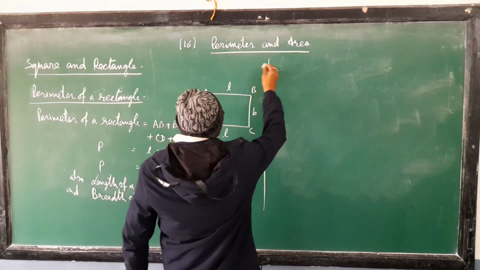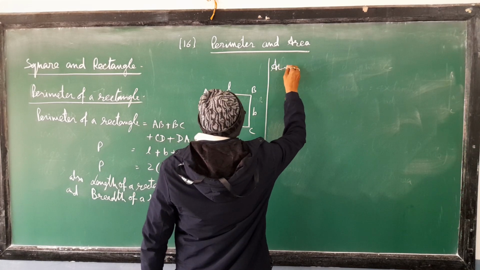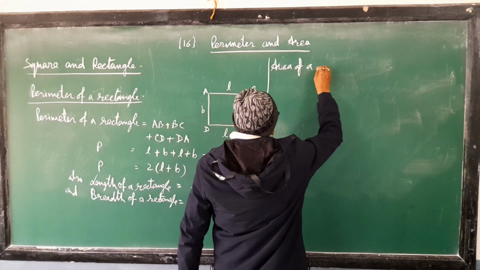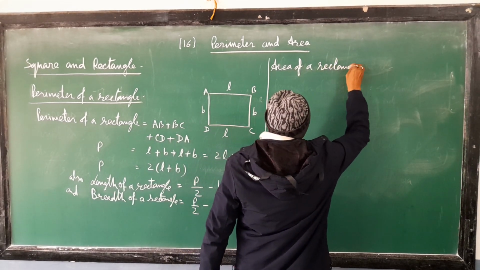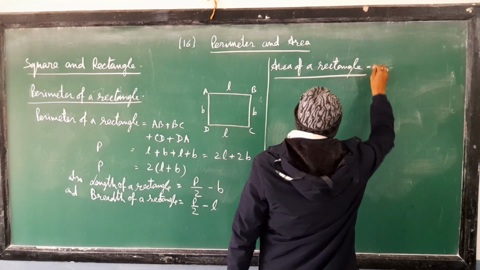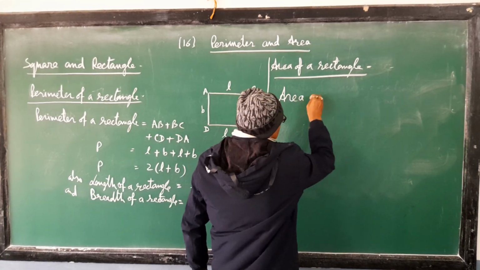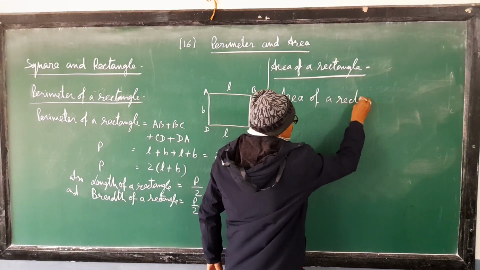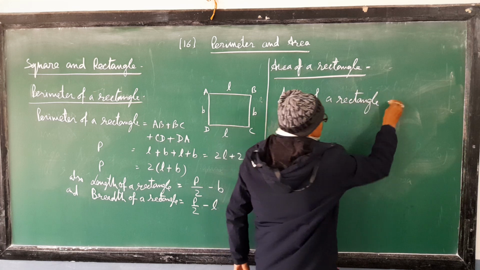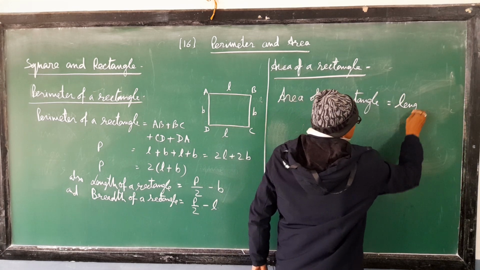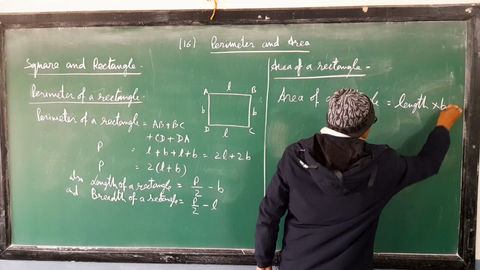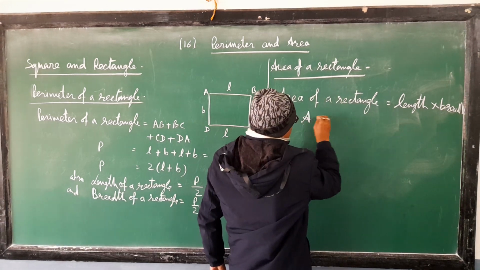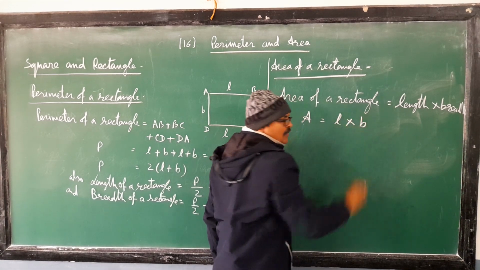Now see area of a rectangle. Area of a rectangle is equal to length into breadth. A is equal to l into b.